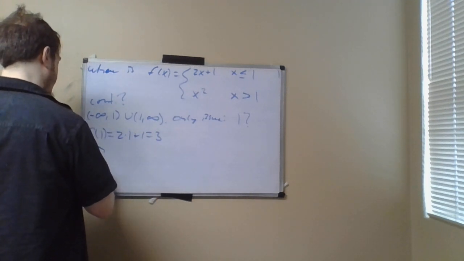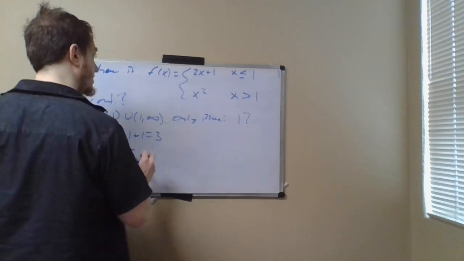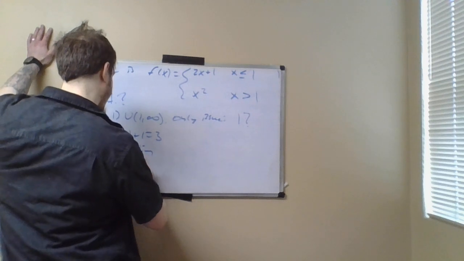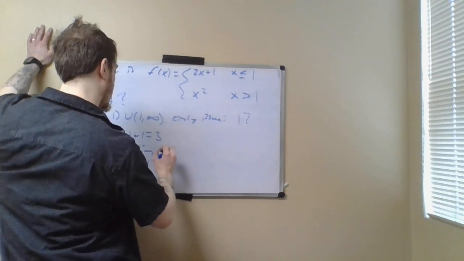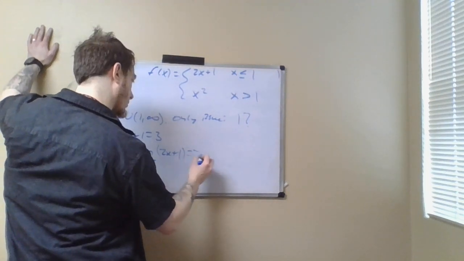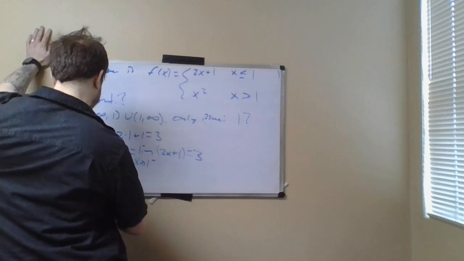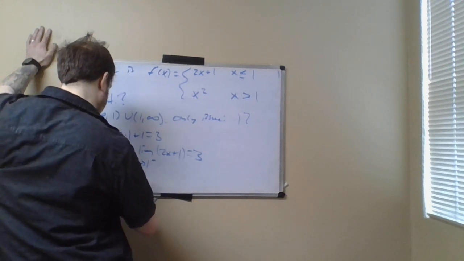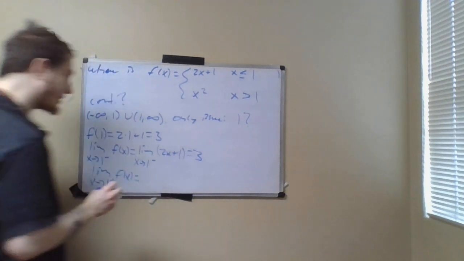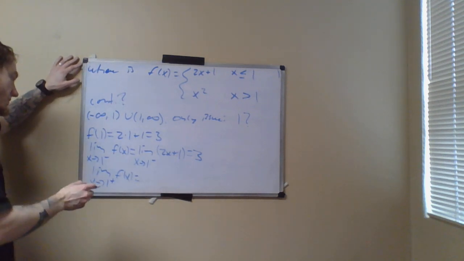The limit as x approaches 1 from the left of f of x is equal to the limit as x approaches 1 from the left of 2x plus 1, which is equal to 3. Okay, so far so good. The limit as x approaches 1 from the right of f of x, well, I'm sorry, I'm probably blocking things, or at least putting a shadow on them, so this is difficult to see.